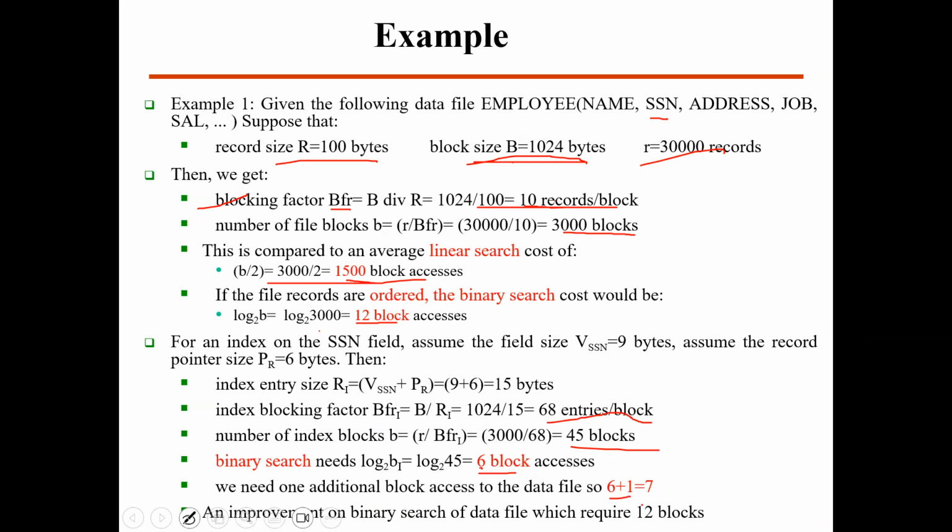But if you increase the records, BFR will be higher, the number of blocks in the data file will be higher, linear search will be higher, and then the binary search will also be higher. However, if you make an index and link this index with the data file, the searches in the index are much easier.